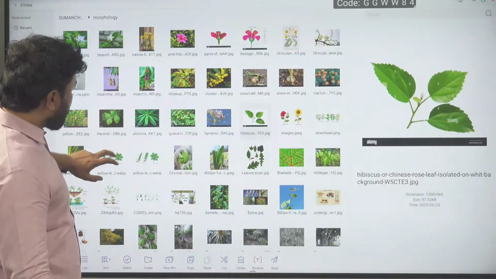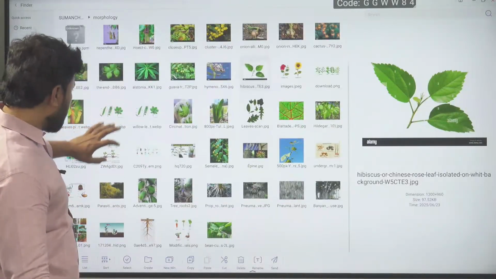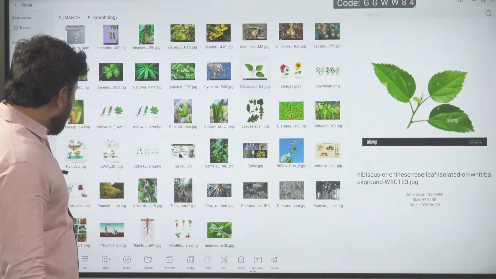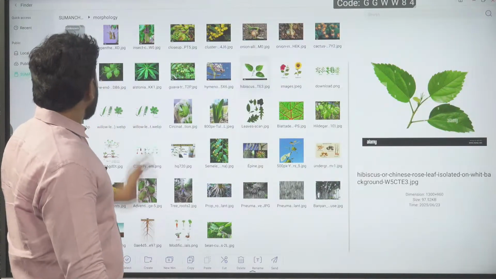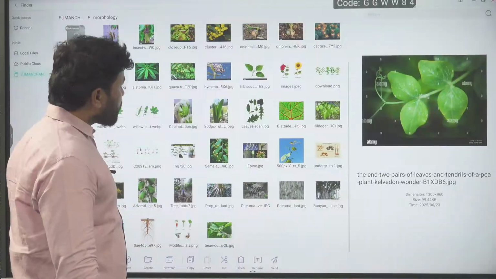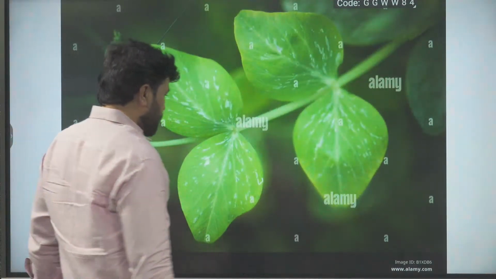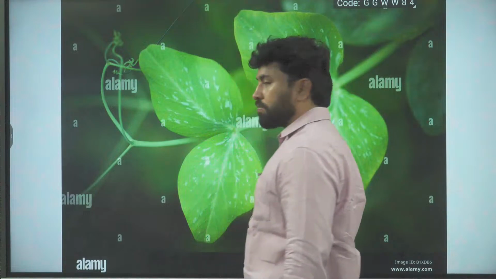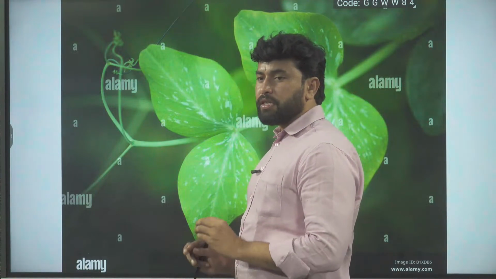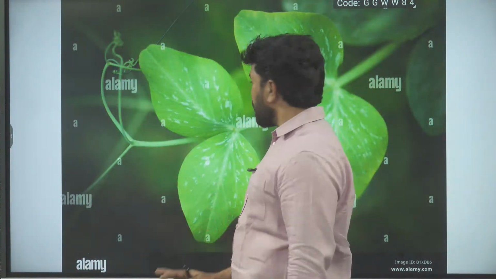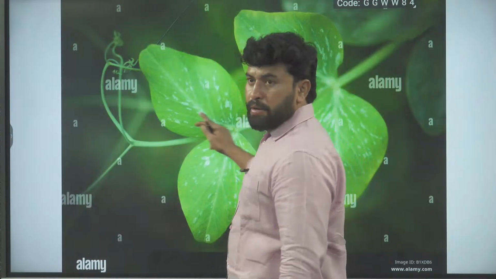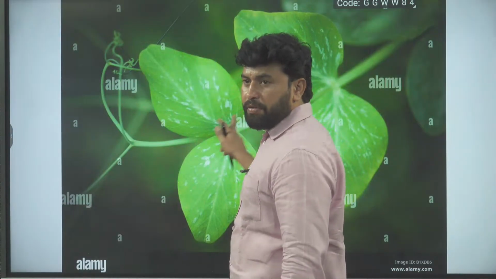First one, tendrils. Consider this: a leaf may have tendrils. This is the Pisum sativum leaf. It generally possesses a compound leaf. What type of compound leaf is it?